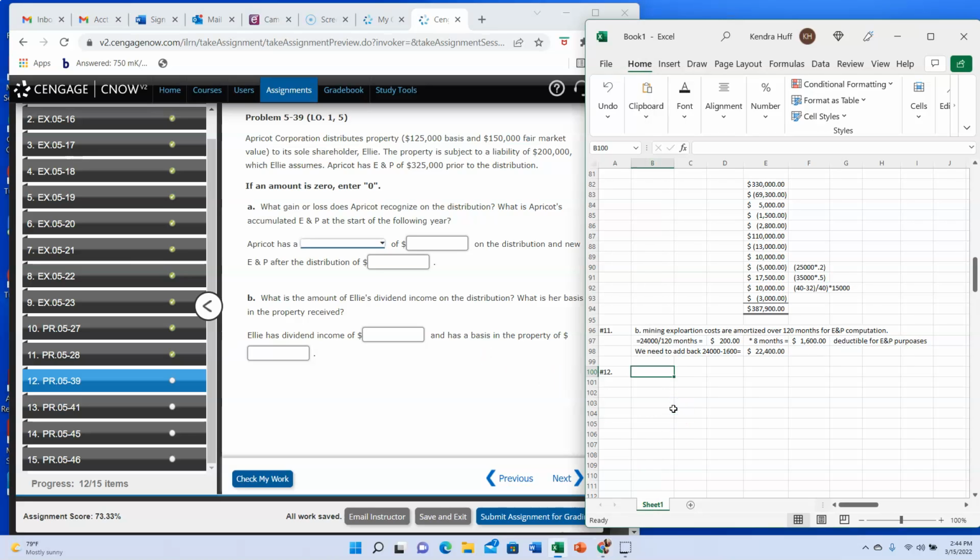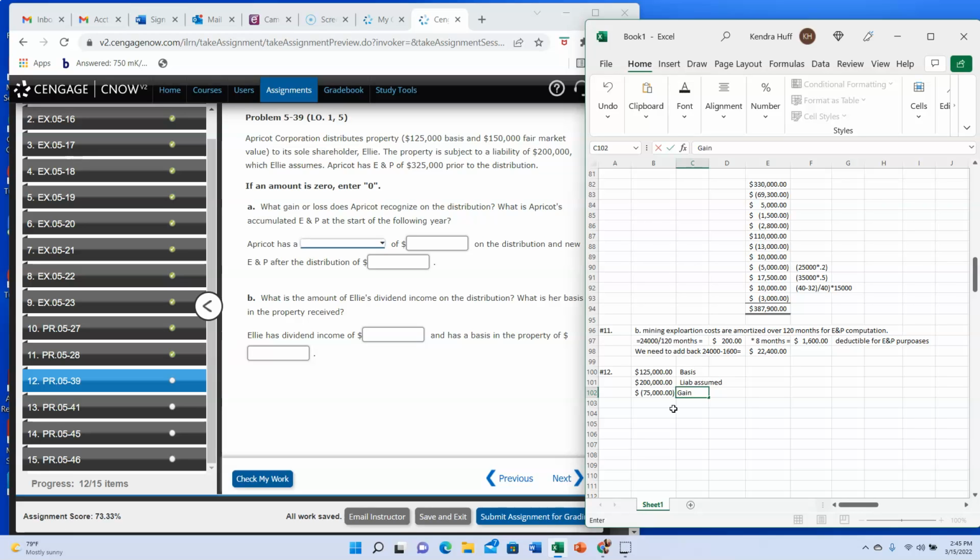Okay, so property had $125,000 basis they gave out, and the liability assumed was $200,000. So basically, this is going to look funny, but this is a gain, because the liability assumed is more than the basis.